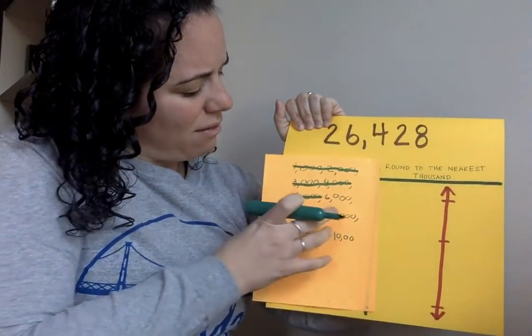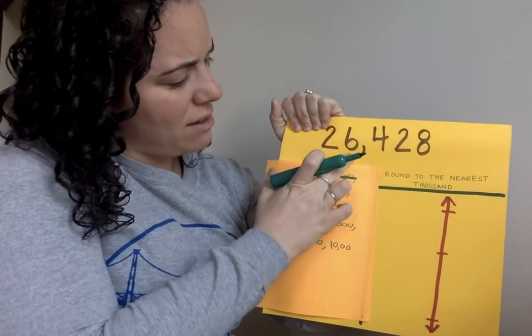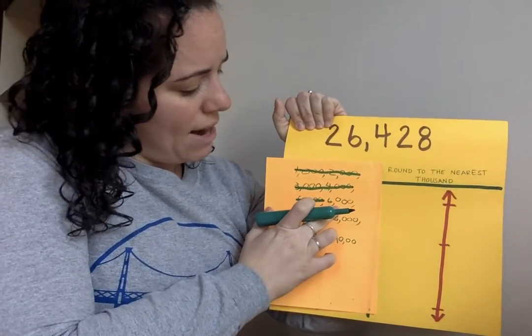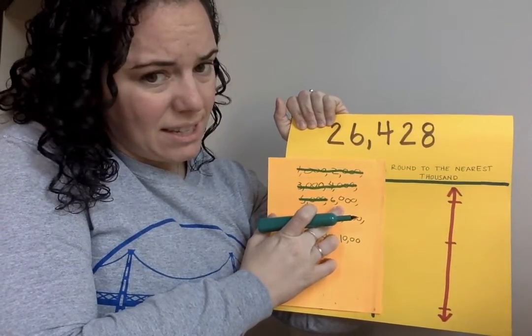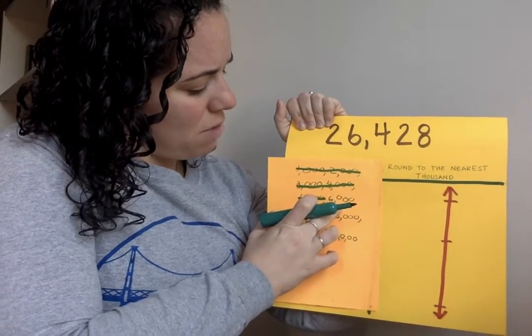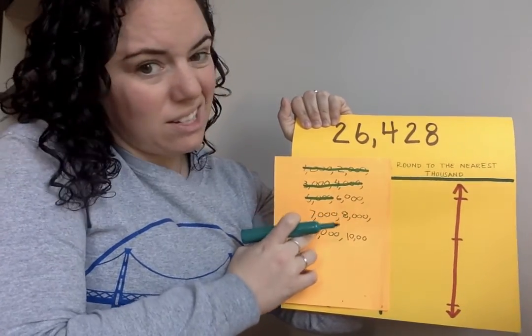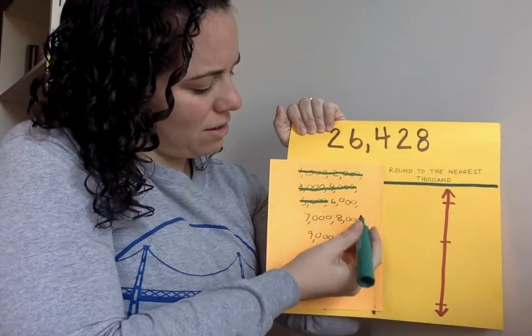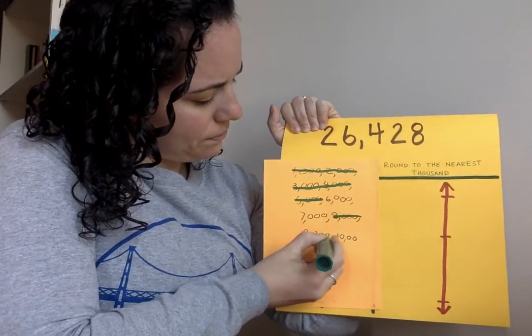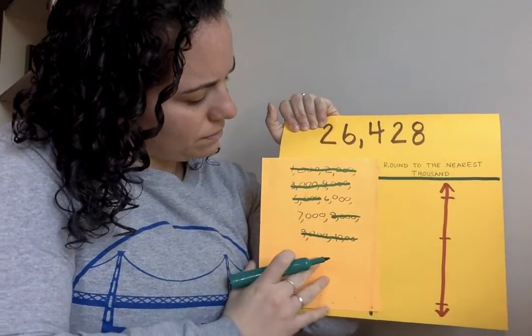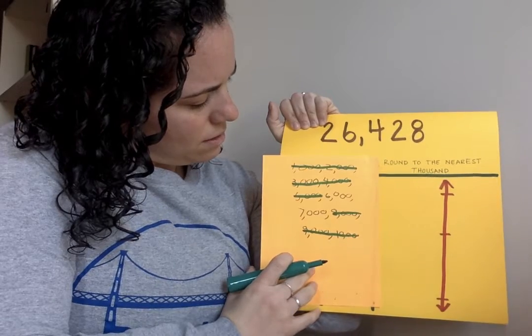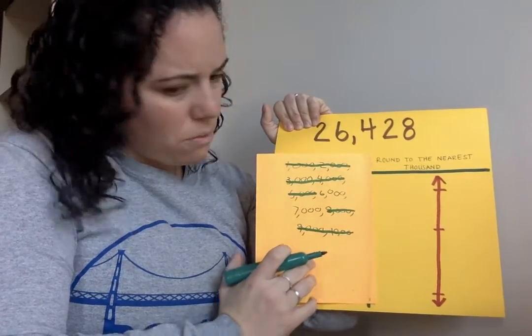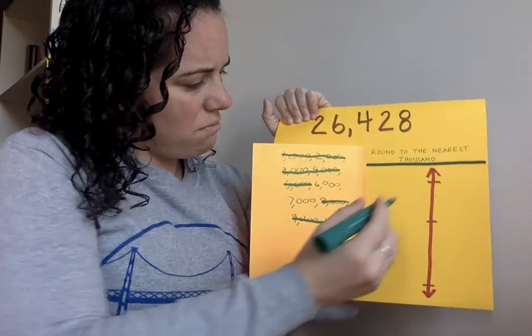Now I know that 6,428 is greater than 6,000, but I also know it's less than 7,000, so I'm going to get rid of these numbers.